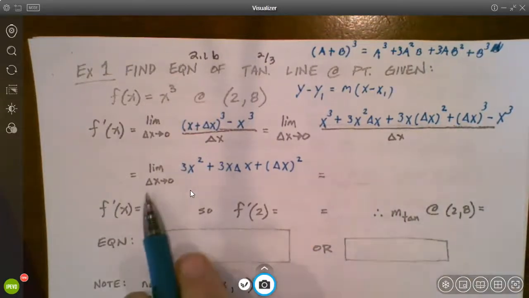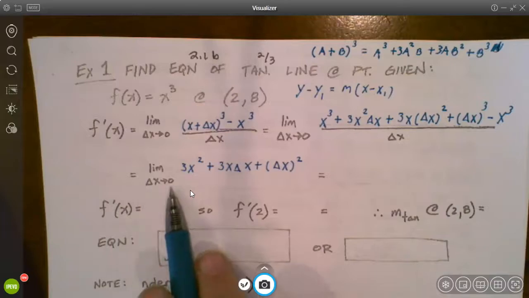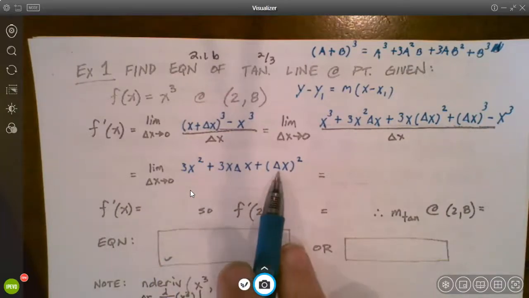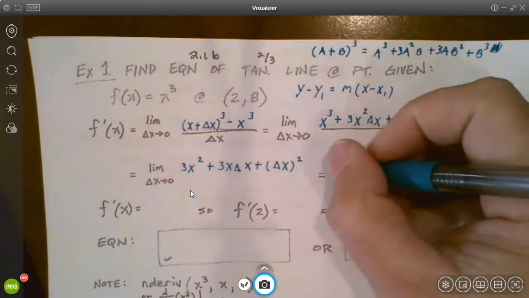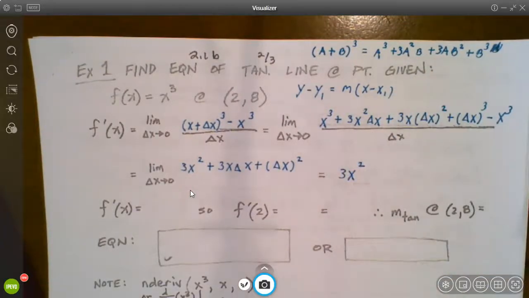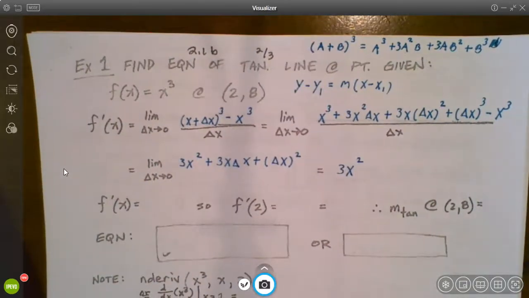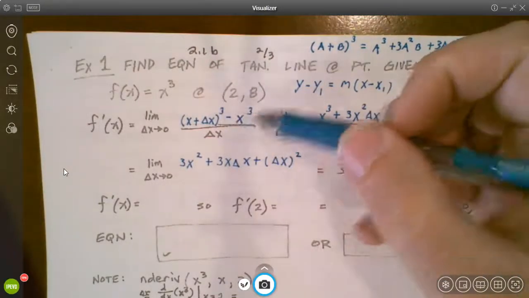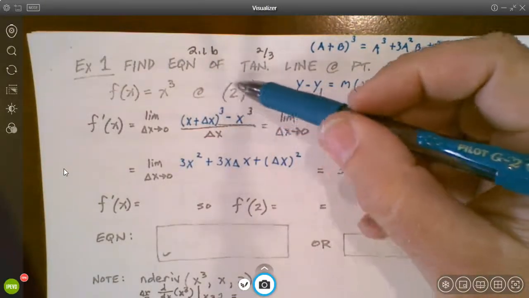And then remember, if delta x is approaching 0, now I can do direct substitution. So this becomes 0, this becomes 0. I'm simply left with 3x squared. So 3x squared now represents our derivative, right? And we used our difference quotient to get it. So we can now use that derivative to find the slope at any point within that function. And it just so happens the one that we need is where x is equal to 2.